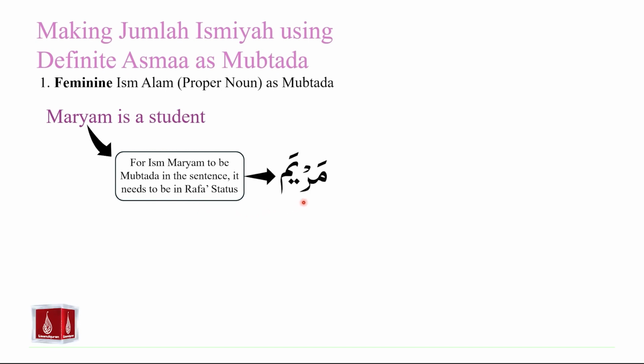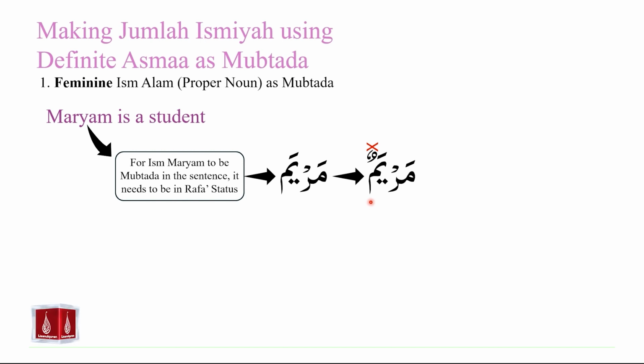Here we have the ism Maryam, and according to the examples that we have studied so far, Maryam should be written like this, that is Maryamun, to indicate the rafa status. However, this is the incorrect way of writing Maryam in the rafa status.